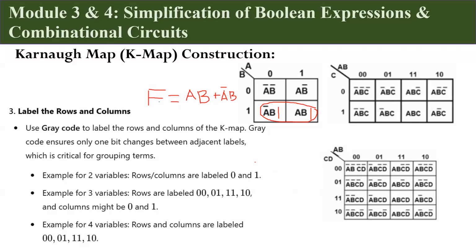After circling it, what will be my minimized function? Someone try. See what I've mapped. What is common to that circled place? Because we are trying to minimize it.